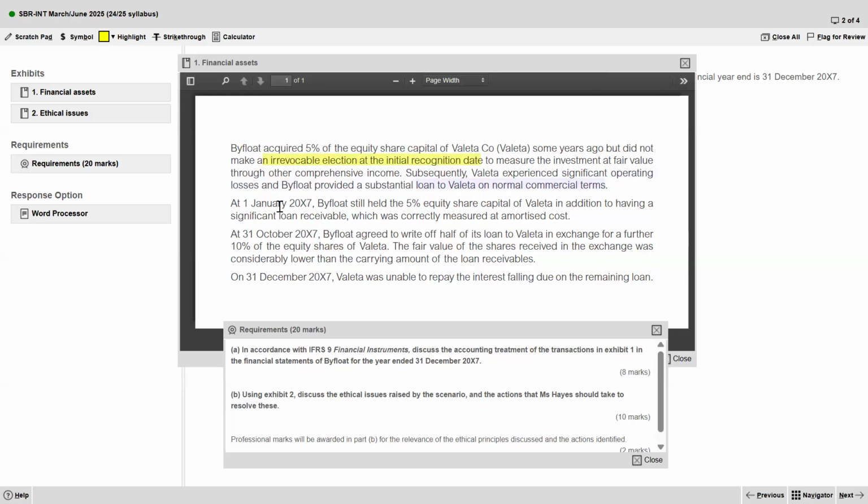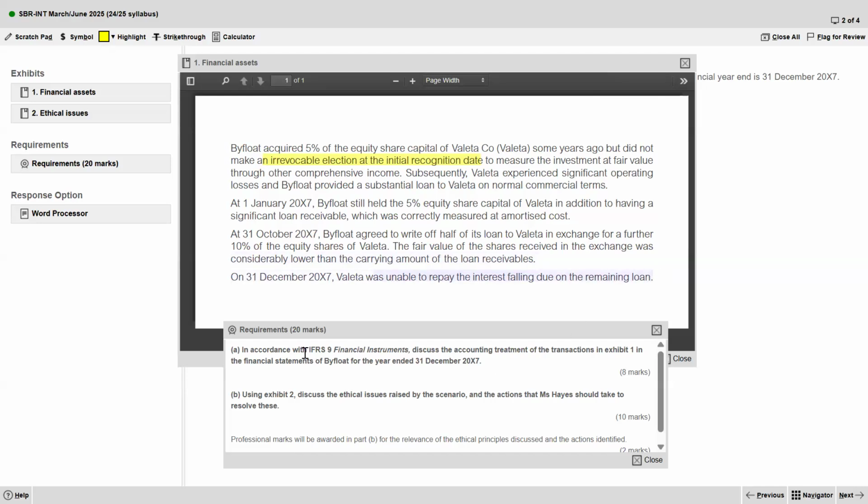At 1st January 7, Bifloat still held the 5% equity capital of Valletta, in addition to having a significant loan receivable which was correctly measured and amortized. At 31st October 7, Bifloat agreed to write off half of its loan to Valletta in exchange for a further 10% of the equity shares of Valletta. The fair value of the shares received in exchange was considerably lower than the carrying amount of the loan receivable. On 31st December, Valletta was unable to repay the interest falling due on the remaining loan.